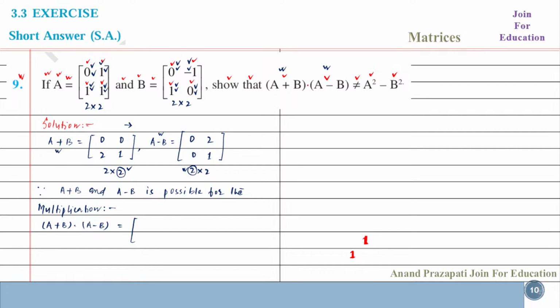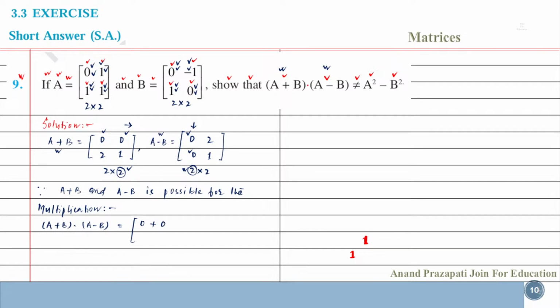move along first row and here move along first column. So the first element of A plus B into A minus B will be 0 into 0 plus, we write down here, 0 into 0 equal to 0.